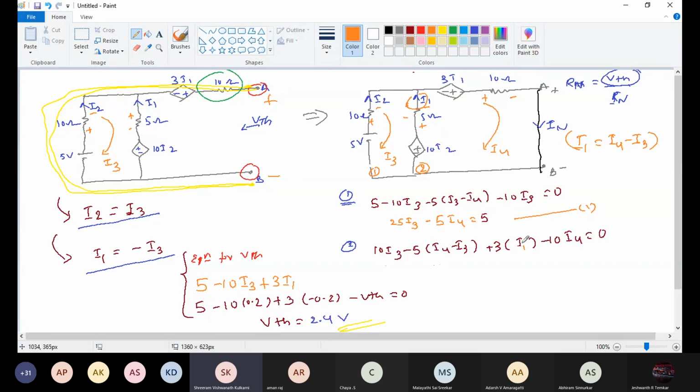Now I can write this I1 as I4 minus I3. Now tell me.